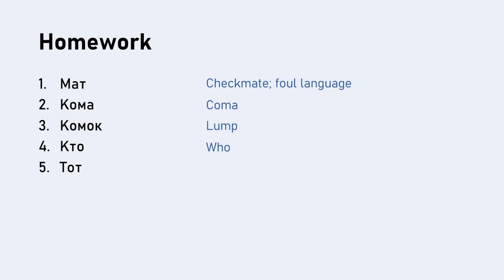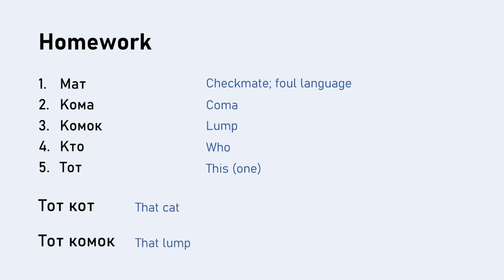Tot, which means this or this one. Okay, hopefully that wasn't too bad. And now that we've learned 5 new words, we can already start forming phrases like tot kot, that cat, tot kamok, that lump. There we go.